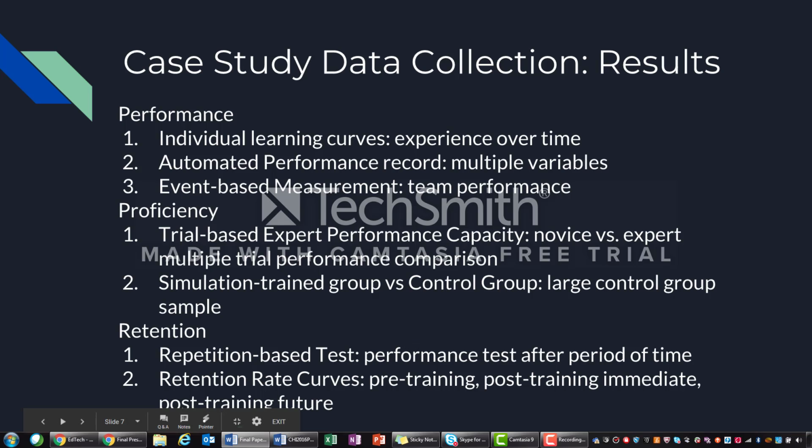Under retention, we have repetition-based tests. In a repetition-based test method, retention is measured based on performance during repetitions of tasks right after proficiency is achieved, compared with the follow-up performance test after a period of time. Under retention rate curves, we're looking at 3 different types of graphs.